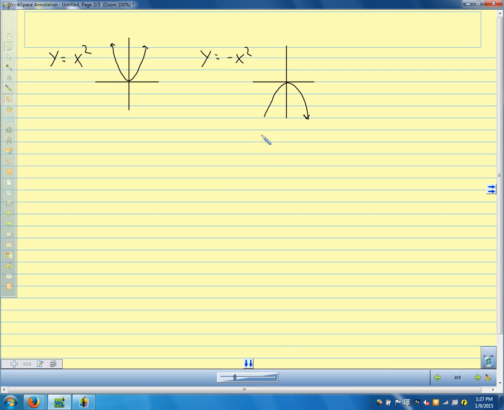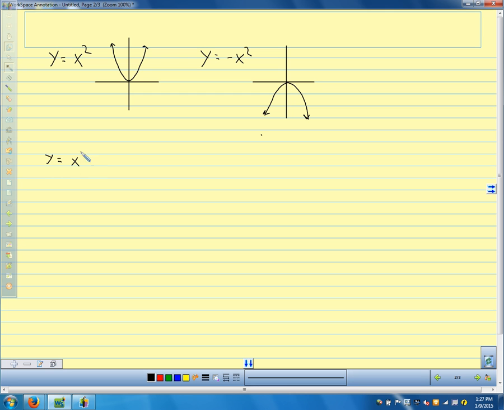And it turns out that any polynomial where the highest power is even, eventually on the right and left hand side, either goes up on both sides or down on both sides. So y equals x to the 4th looks more or less like this. y equals x to the 6th looks more or less like this. And if we have some other complicated polynomial, but the highest power is even, eventually on the left and right hand side it goes up or down.